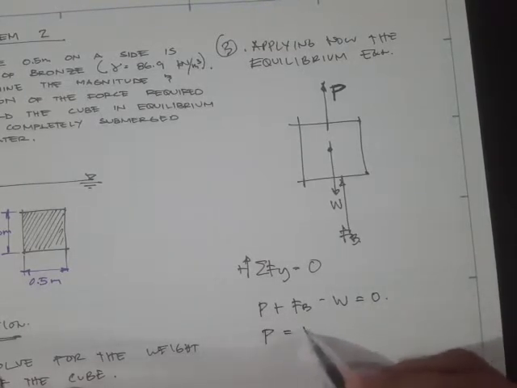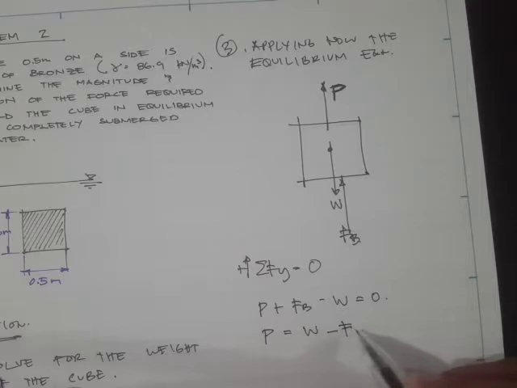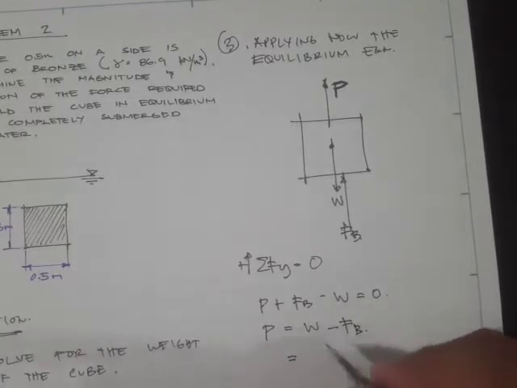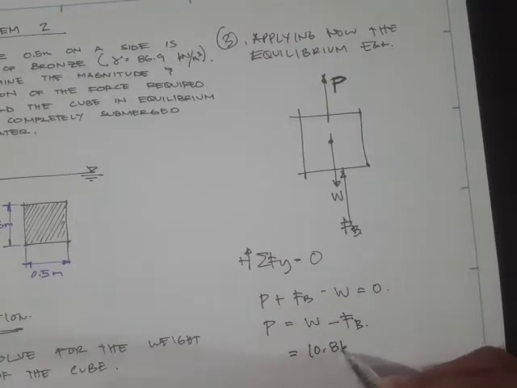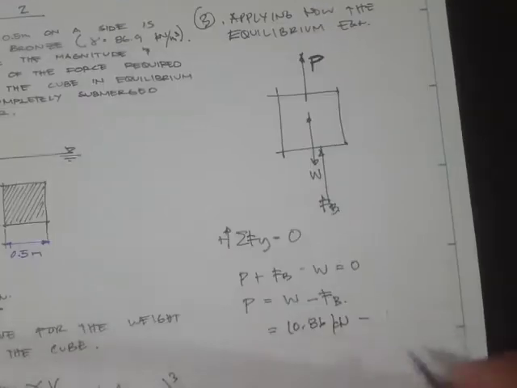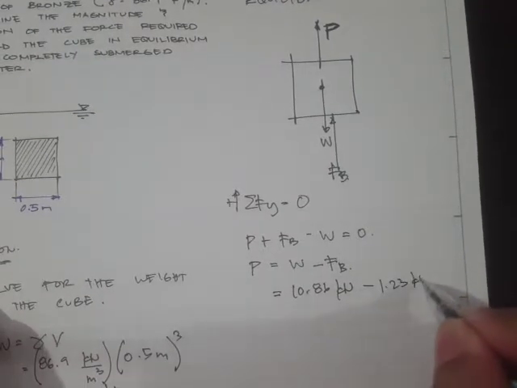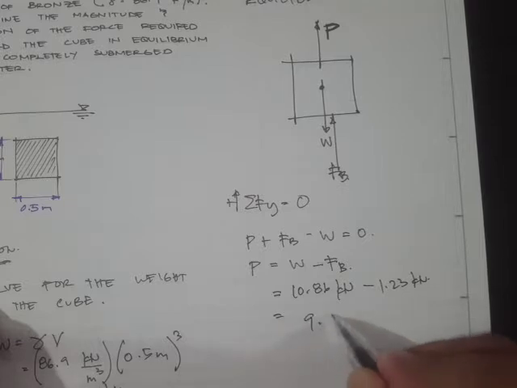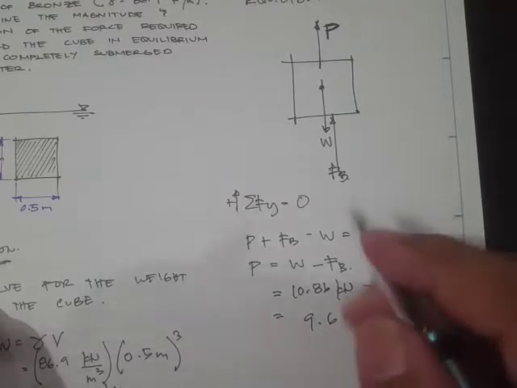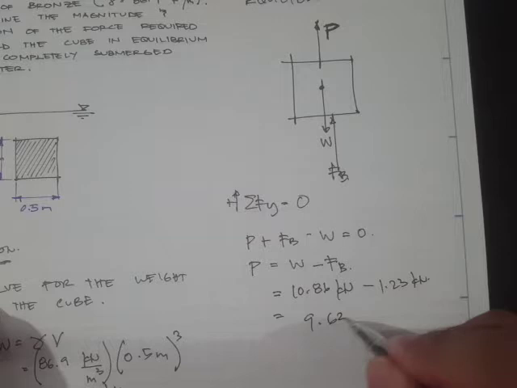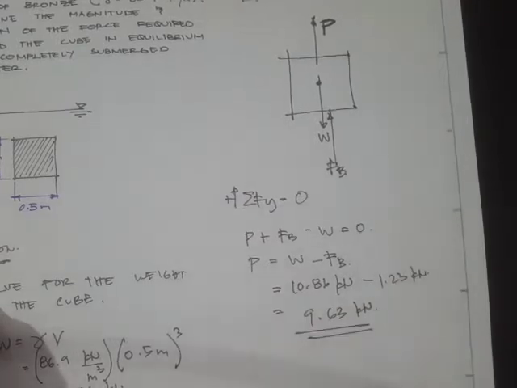Therefore, P is simply the weight minus the buoyant force. The weight is 10.86 kN, and the buoyant force is 1.23 kN. Therefore, our maintaining force is 9.63 kN.